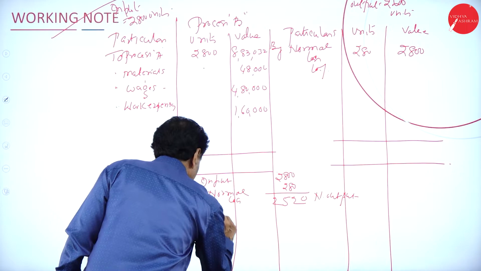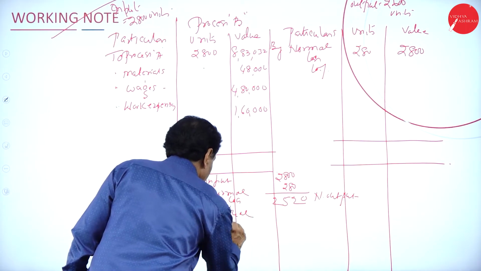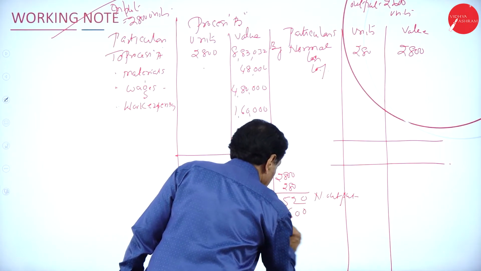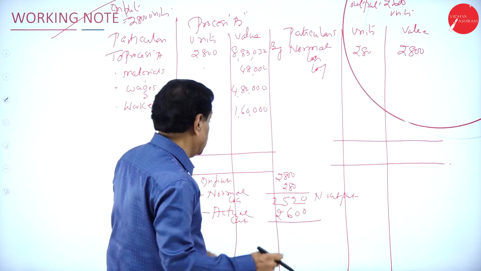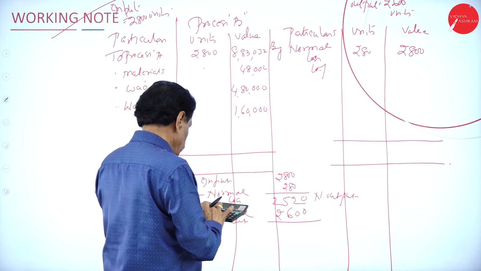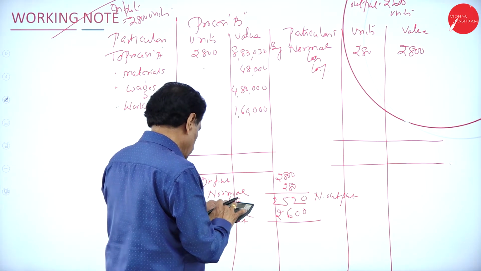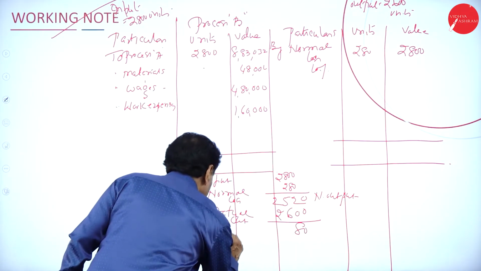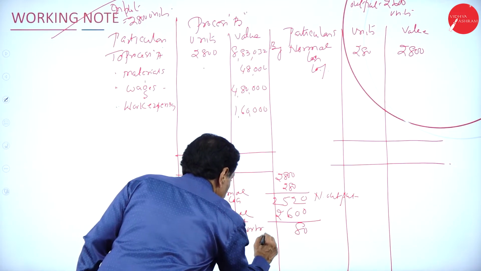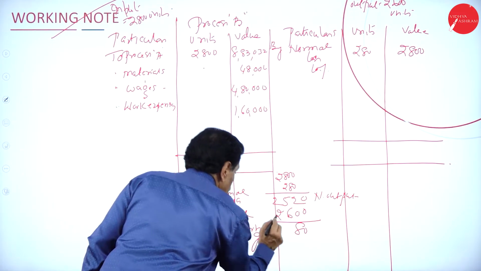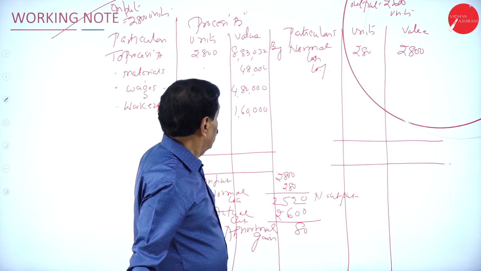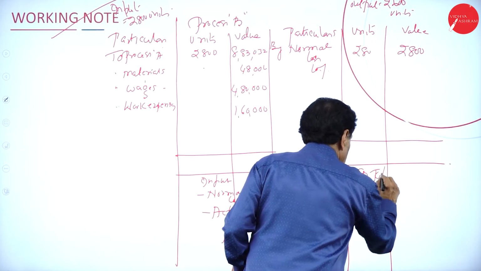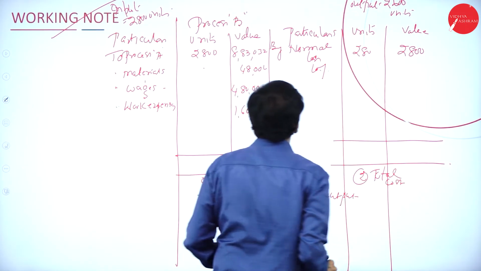Minus actual output, 2,600 more is there. So 2,600 minus 2,520, 80 abnormal gain. Gain is 80.